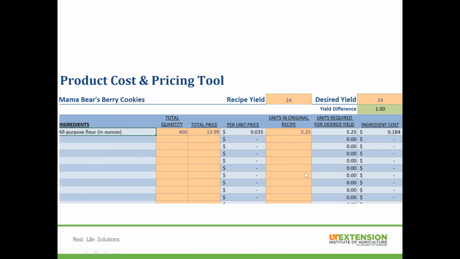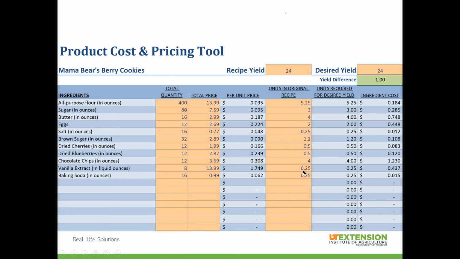All right, so now we have typed in all of the ingredients. We've got the sugar, the butter, the eggs, the salt, and so forth. We've typed in the number of ounces for each of these, except for eggs. We've got 12 eggs in the recipe at $2.69 a dozen.